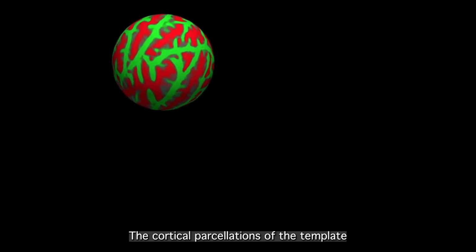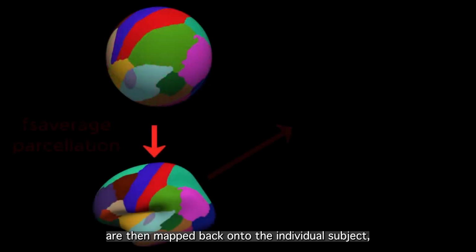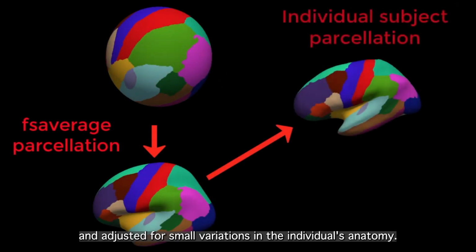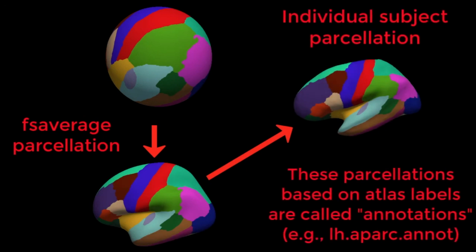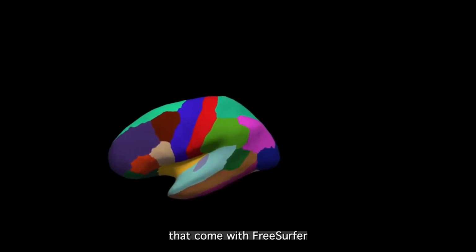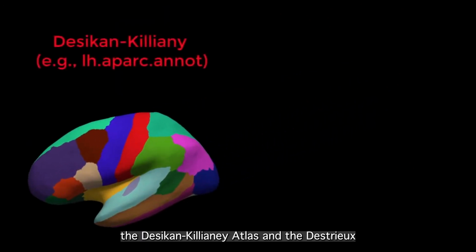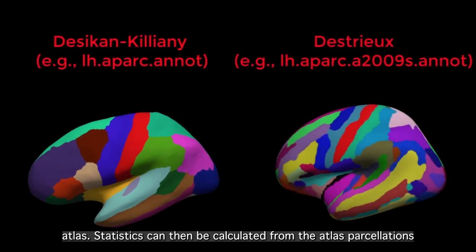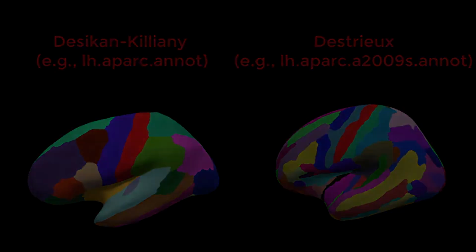The cortical parcellations of the template are then mapped back onto the individual subject and adjusted for small variations in the individual's anatomy. These parcellations are taken from two atlases that come with FreeSurfer, the Desikan-Killiany Atlas and the Destrieux Atlas. Statistics can then be calculated from the atlas parcellations.